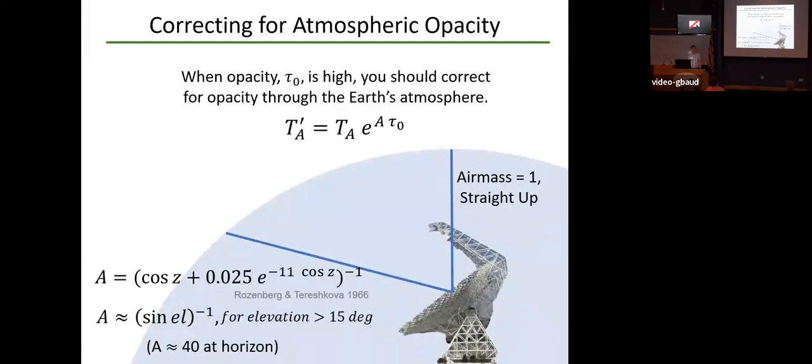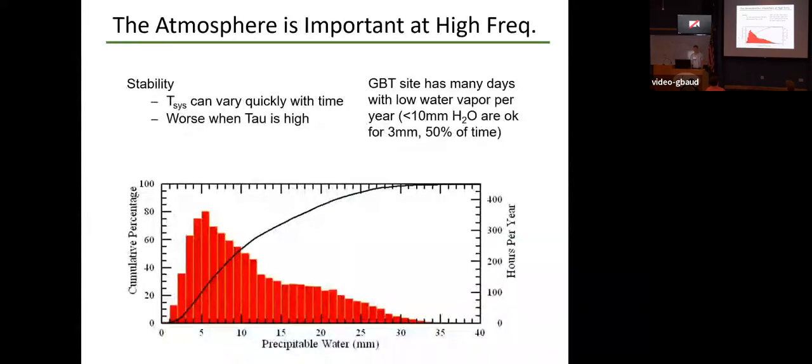Any other questions here? Cool. So as we mentioned, as we harped on, the atmosphere is important at high frequencies. Here you can see the precipitable water vapor. We showed this plot earlier this week, in millimeters in the atmosphere. So if you were to point straight up, how much water are you looking through between here and space?